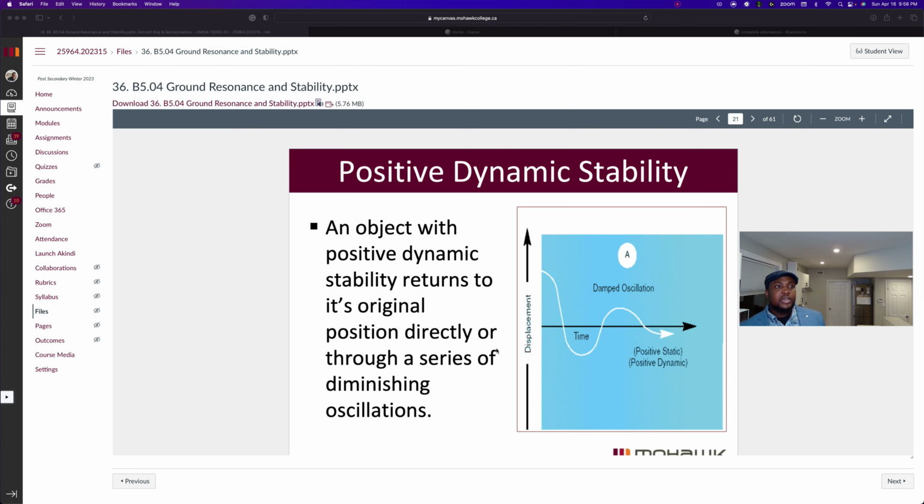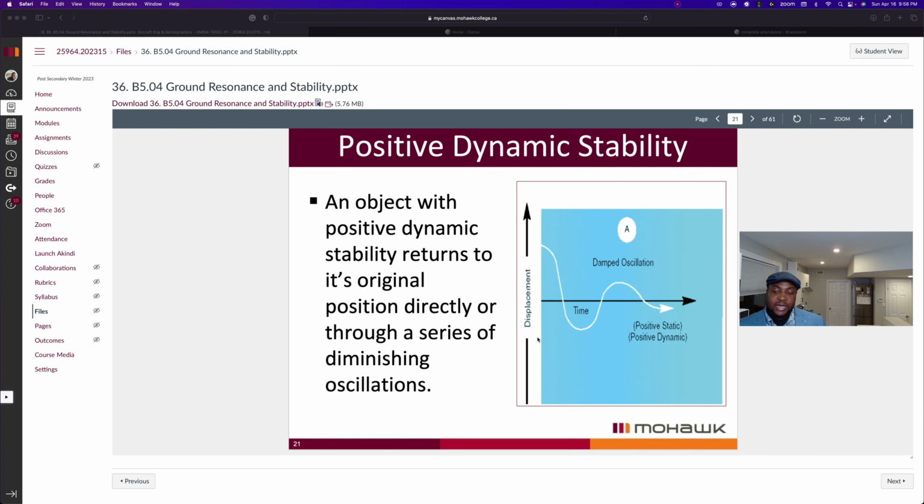the tendency or the ability of a helicopter in this case to return to its original position after a series of reducing oscillations is what we term positive dynamic stability. So if your helicopter was disturbed by a gust of wind that causes it to yaw to the left, if the helicopter has good directional dynamic stability, it will correct by itself through a series of reducing oscillations until it's finally returned to its original position without external help from the pilot.